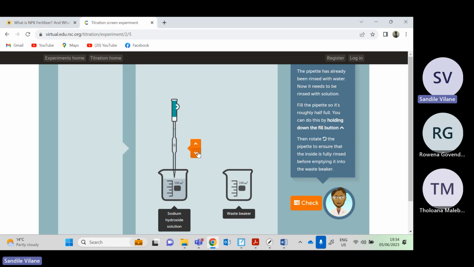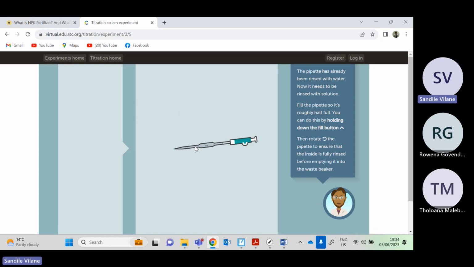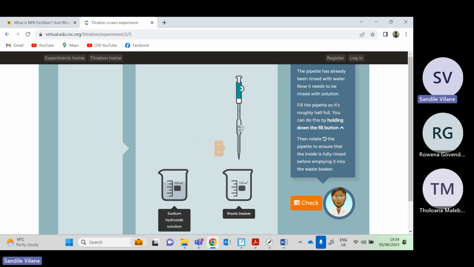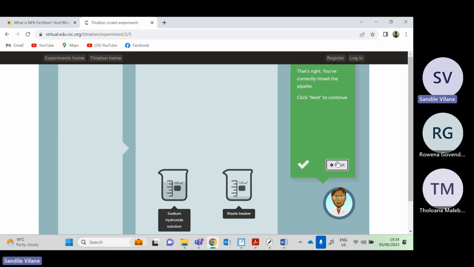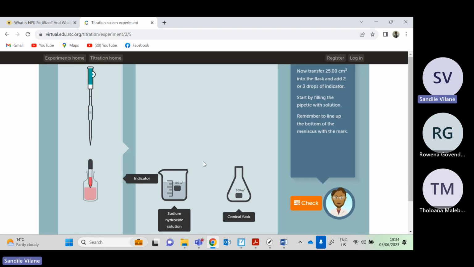So they said you must hold it down, and then you must rotate so that you make sure that you are rinsing everything. And then after, now we have rinsed our pipette to make sure that it is not contaminated.